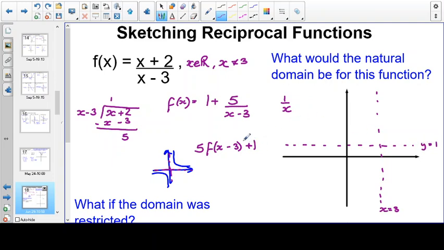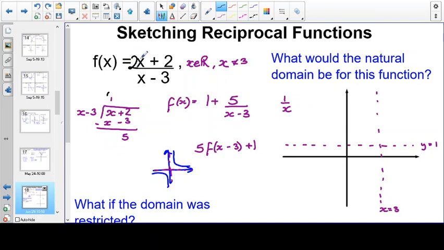Now you notice this 1, that 1 there, comes from the quotient. So if there was a 2 there, what number would go there? Well, it'd be a 2. Okay, so this number here, really, in terms of sketch, isn't particularly important. This one gives you your vertical asymptote.